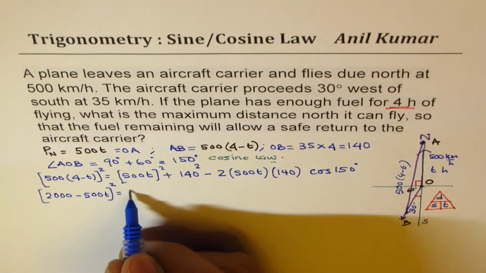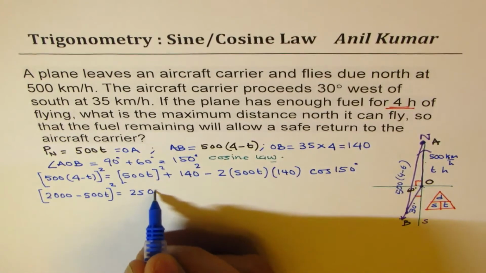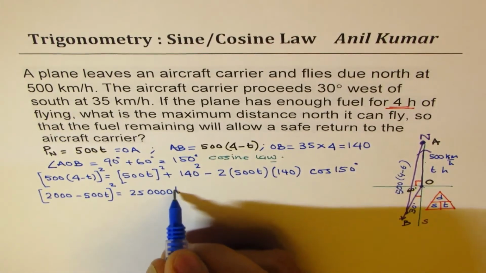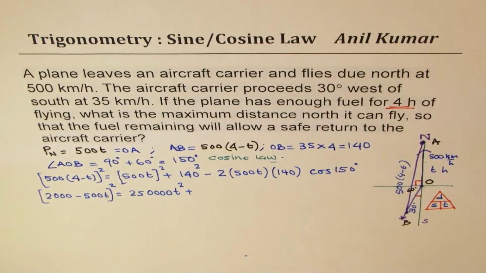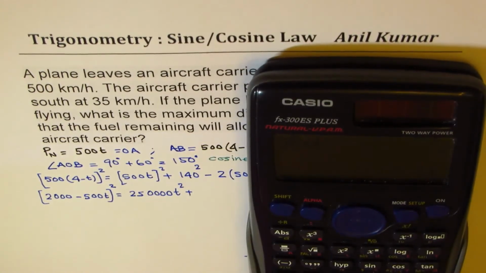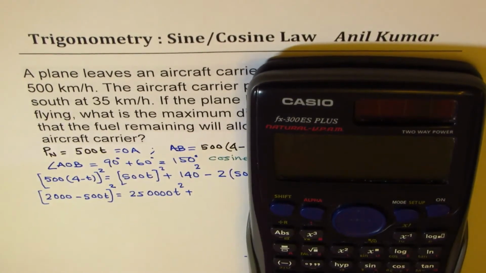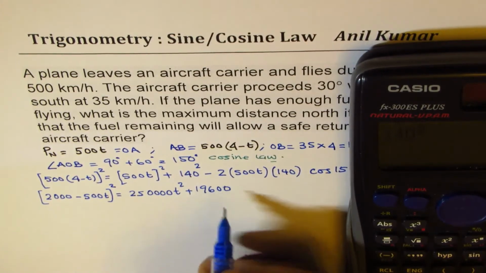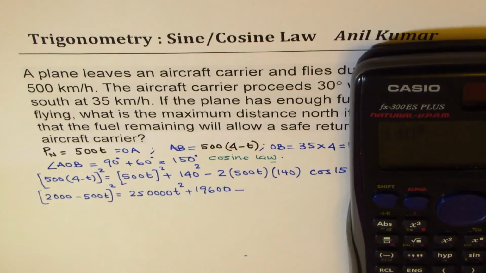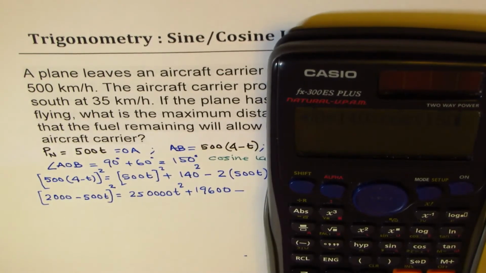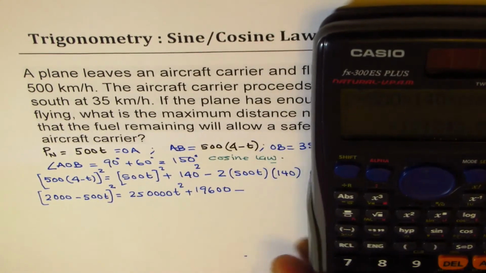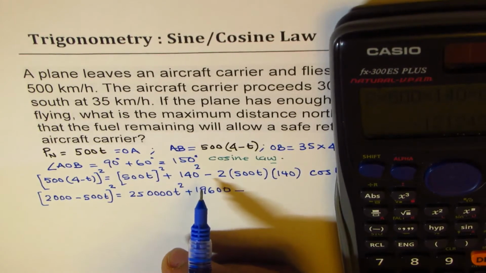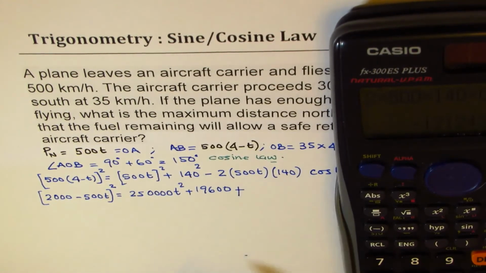So 25, 4 zeros, t square plus 140 square, let's do 140 square, 19600 minus, let's multiply all this, 2 times 500 times 140 times cos of 150. So it gives you negative something, so that makes this positive, right? So let's make it positive.